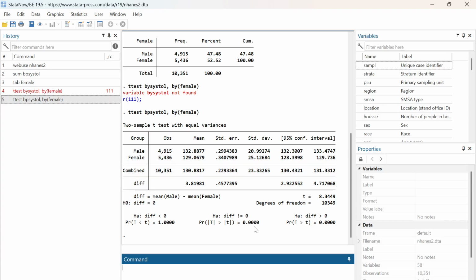So this is highly significant. It is even less than 0.001. So that's what makes it statistically significant. So now we know that the mean difference between females' and males' blood pressure, which is 3.81, is statistically significant. So that's all about the two sample t-test.